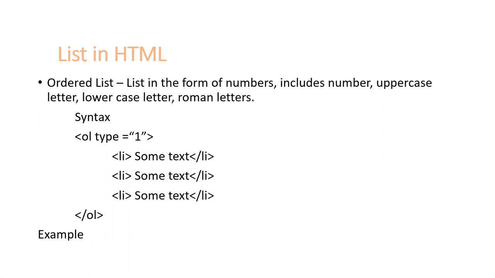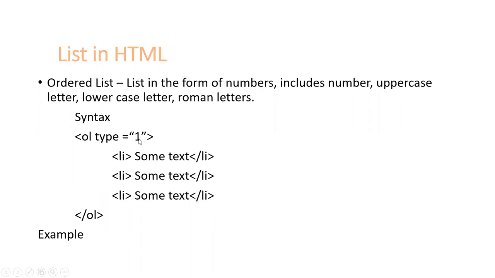In an ordered list, the list items use numbers, uppercase letters, lowercase letters, or Roman numerals. Its syntax is the OL, ordered list tag. Then we specify the attribute type. Here we specify the number or format in which we want to display the list.